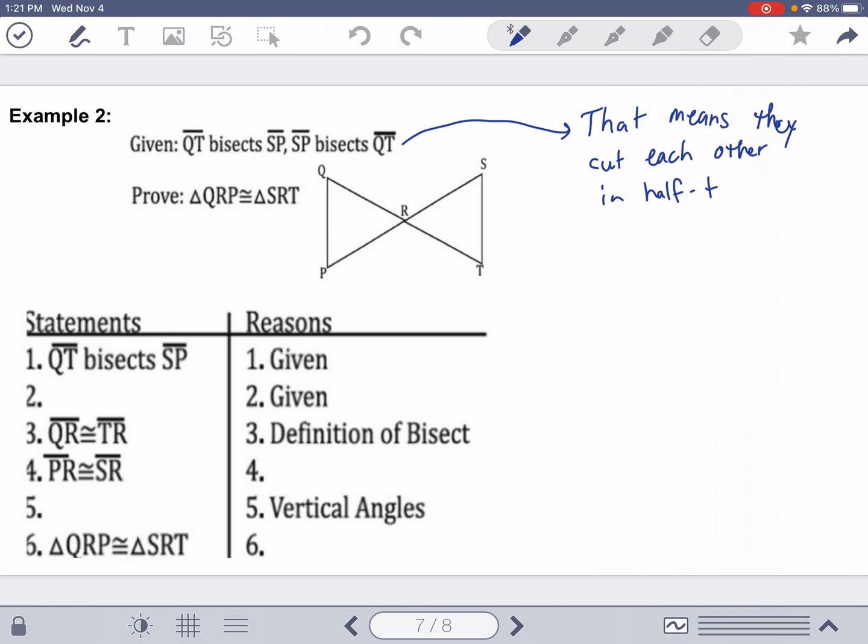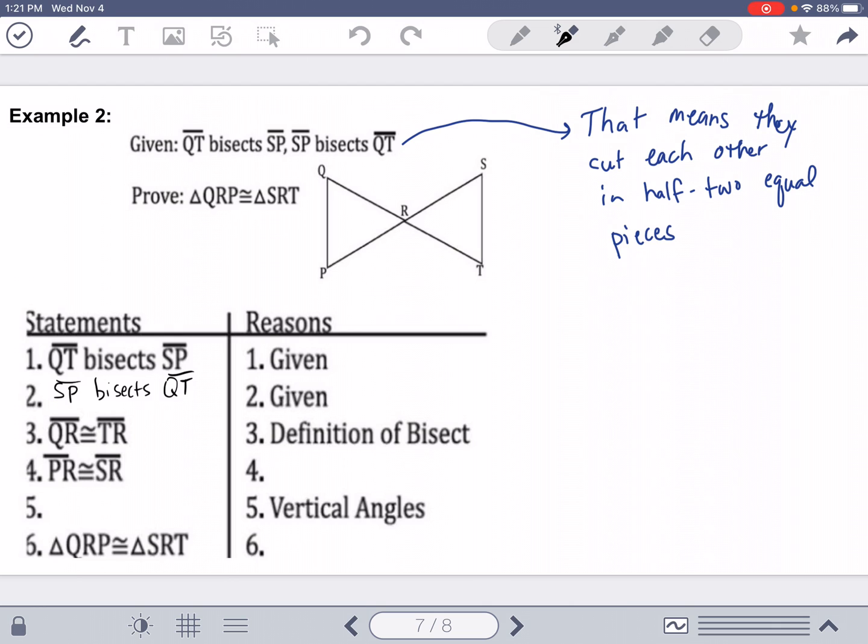In other words, two equal pieces. So QT bisects SP, that's given. Number 2, my statement is blank, but it's given. Well, that would be SP bisects QT.